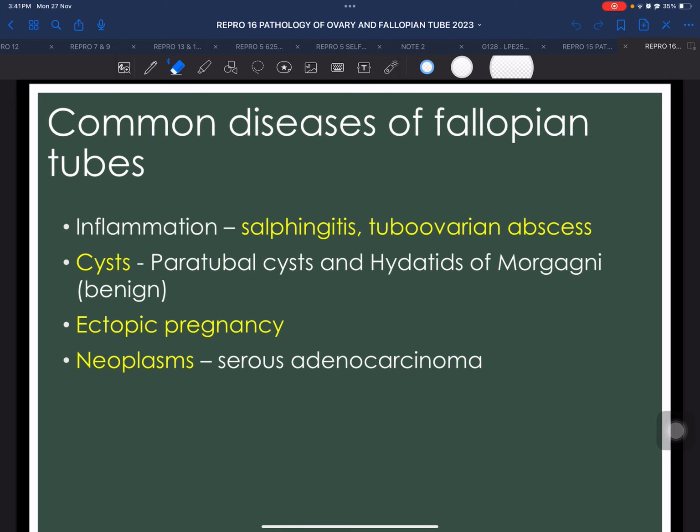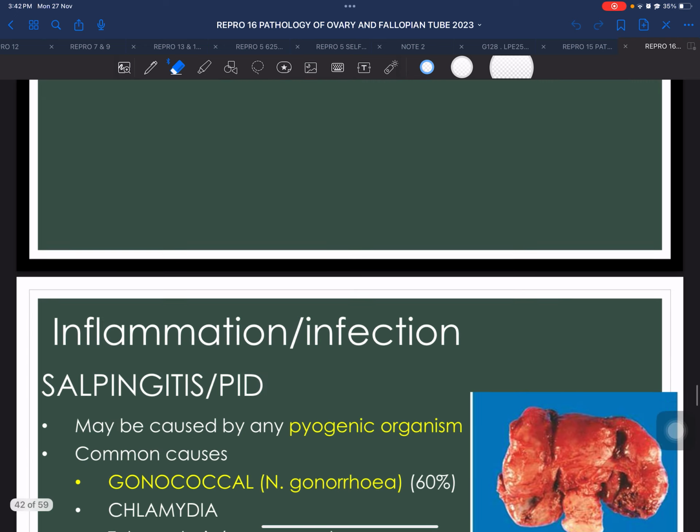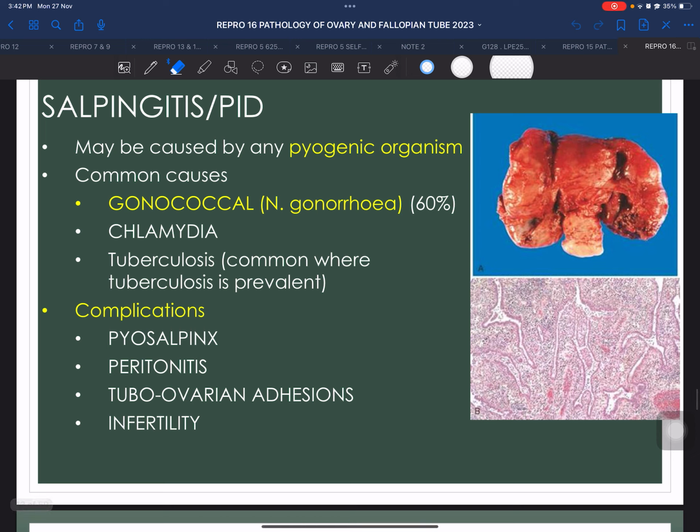Okay, for inflammatory condition in the fallopian tube, you call it salpingitis. They can be caused by any pyogenic organism. Previously, the common cause was gonococcal infection, a sexually transmitted disease. But now the incidence of gonococcal infection is declining.